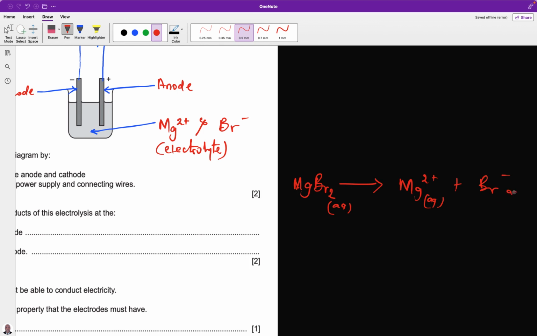So when it breaks down, the cation, which is the magnesium ion, will go to the cathode, the negative electrode, and the bromide will go to the anode.